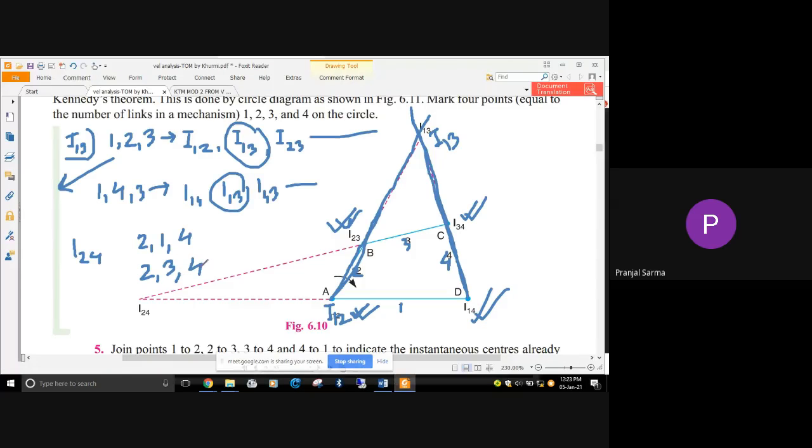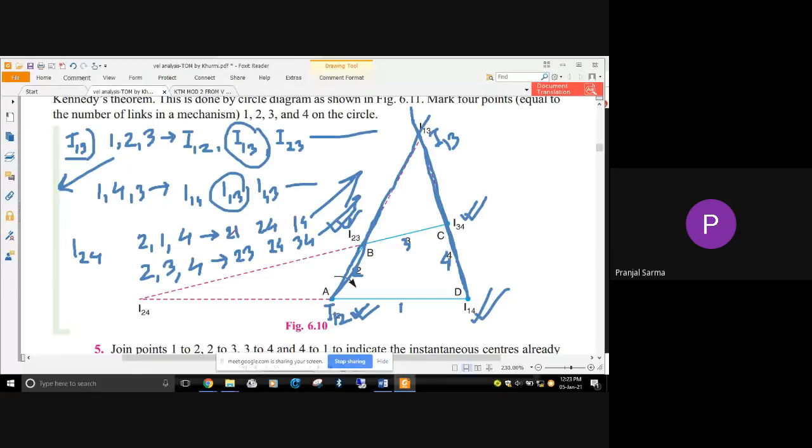From 2, 1 and 4, I will get I21, I24 and I14. Similarly, from the other set I will get I23, I24 and I34. Now as per Kennedy's theorem, these three should lie on the same straight line and these three should lie on the same straight line.